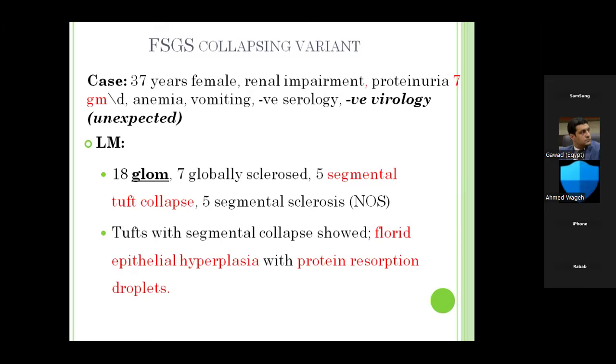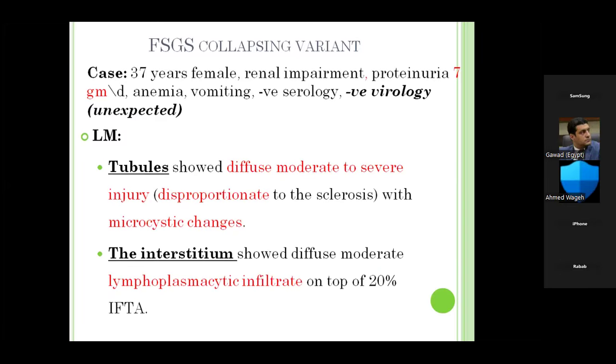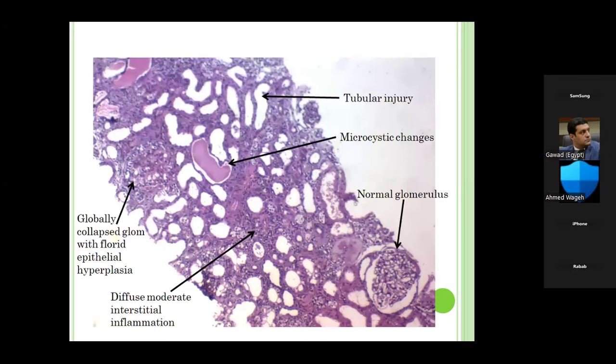with the full-blown picture, as we have said, that it should be a heavy proteinuric patient. With other features for this variant of focal segmental glomerulosclerosis, which is florid epithelial hyperplasia with protein resorption droplets. And the tubules show severe injury, which is disproportionate for the sclerosis, and with microcystic changes, and the interstitium showed diffuse moderate lymphoplasmacytic infiltrate on top of IFTA 20%.